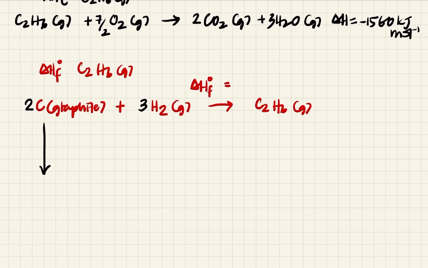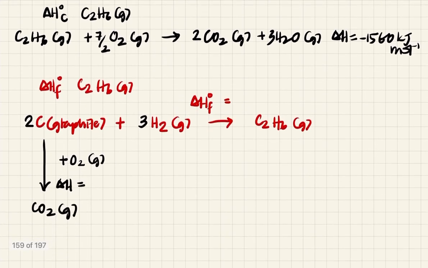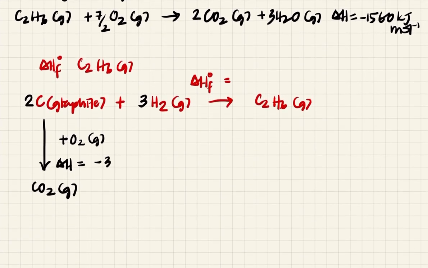Just draw an arrow, plus oxygen gas, you will get carbon dioxide gas. The delta H will be minus 393 kilojoule.